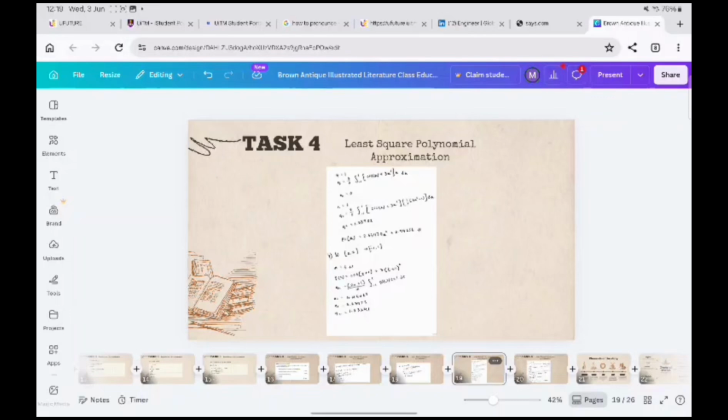And then a2, n equal to 2. Use the same formula. Substitute 2 in, and the final answer for a2 is 1.68982.